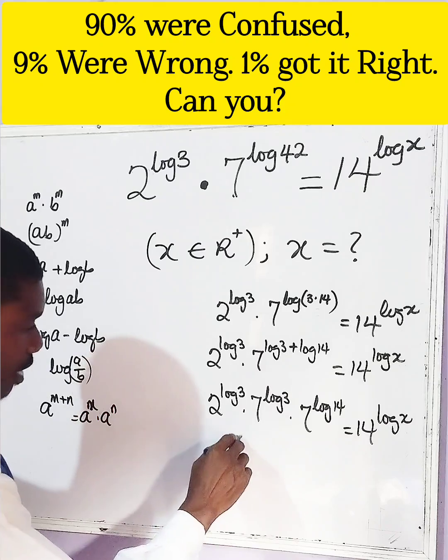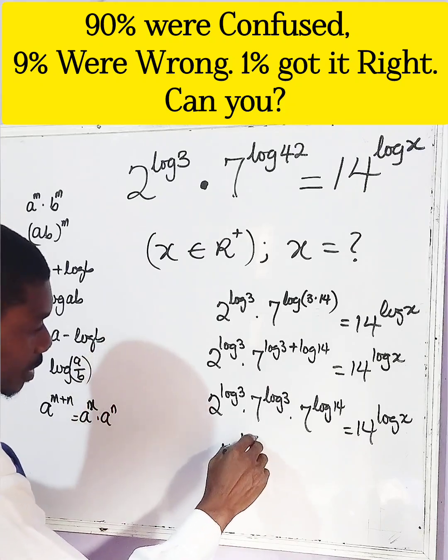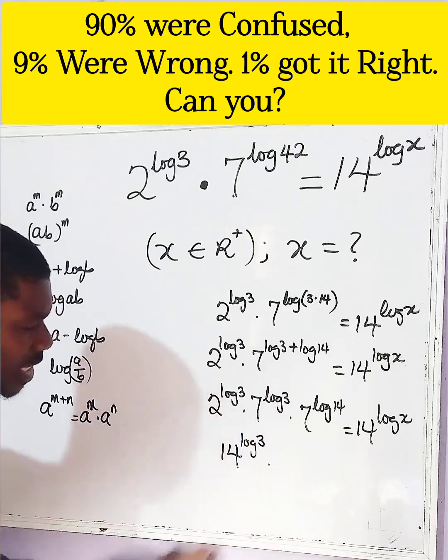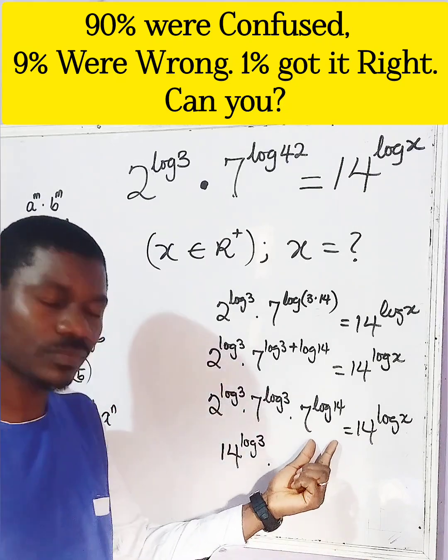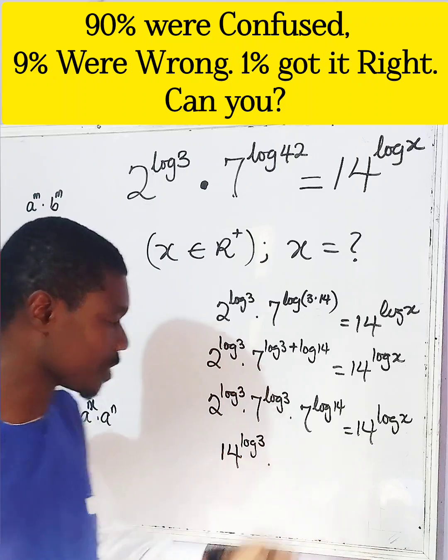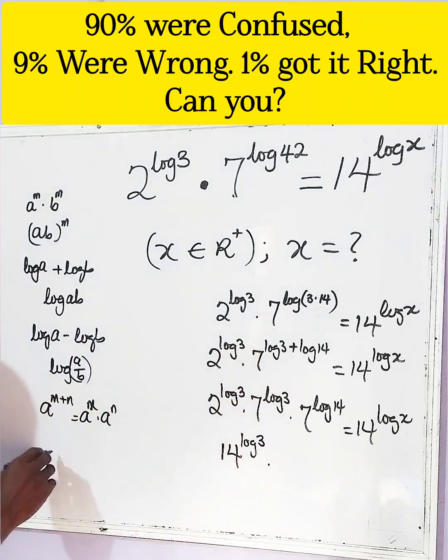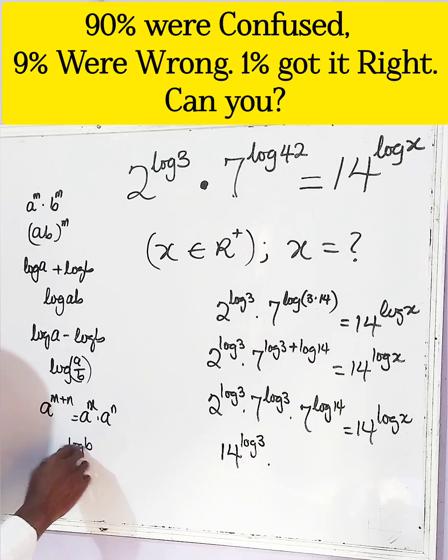Then raised to log 3, then times, now there's another rule in logarithm that tells you that if you have a base raised to a log with an argument b, this can also be b raised to log a.